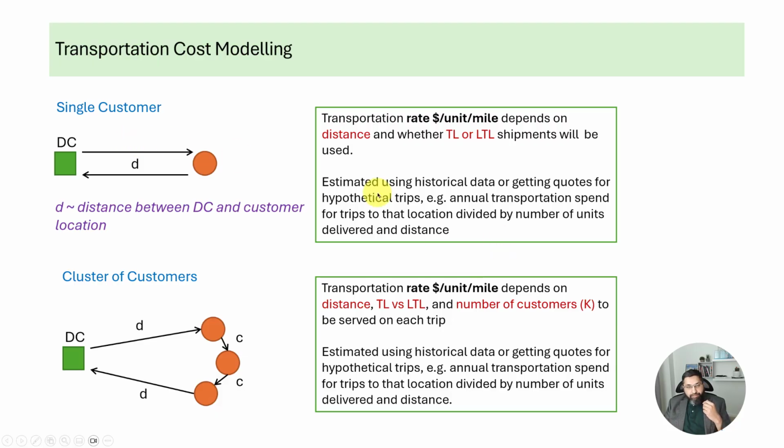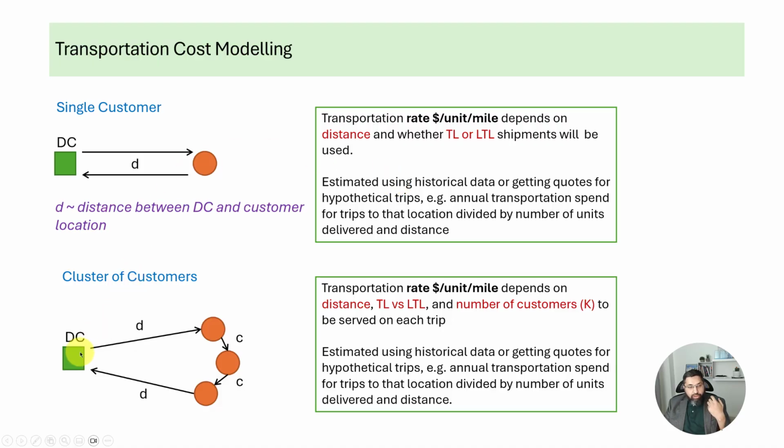Or you can get historical data from a transportation company and ask, if you've been shipping truckload shipments on this route from this city to this city, what's the expense been over the last 3 years? What's the average shipment cost? So you can get some historical data either from shipping companies or from your own operations, and then try to estimate the transportation rate based on historical data.